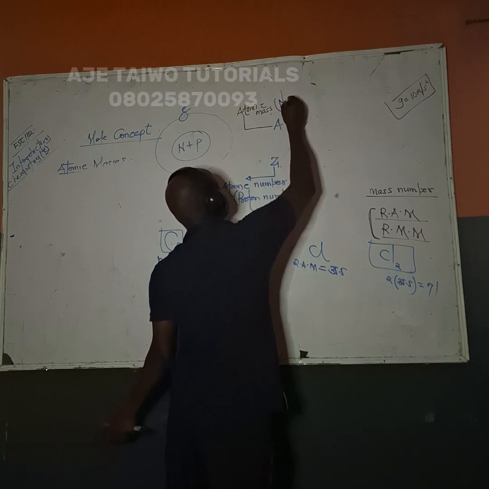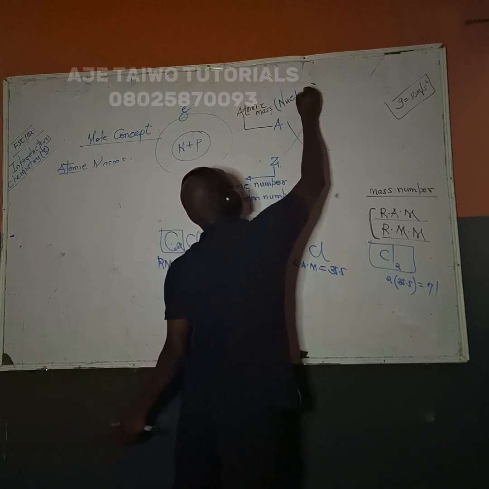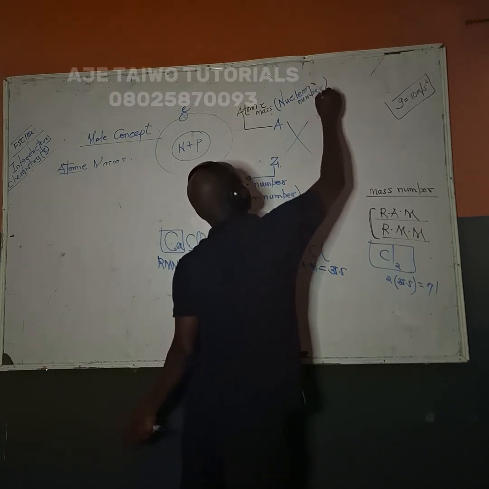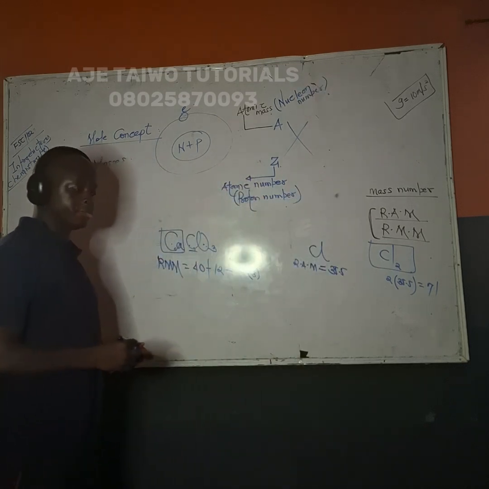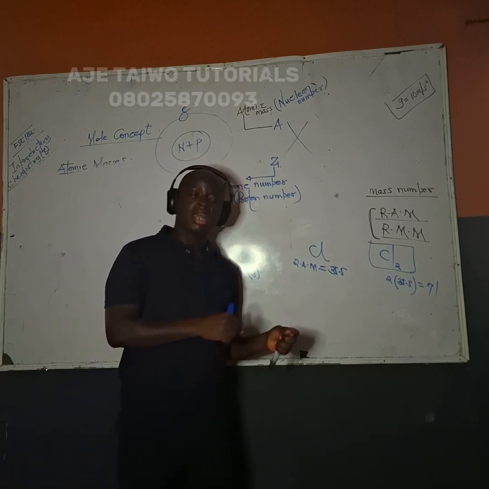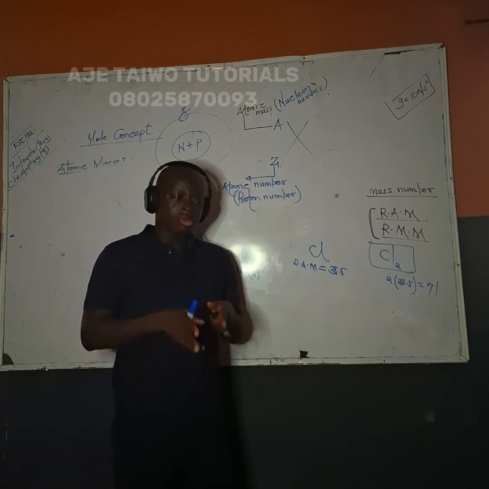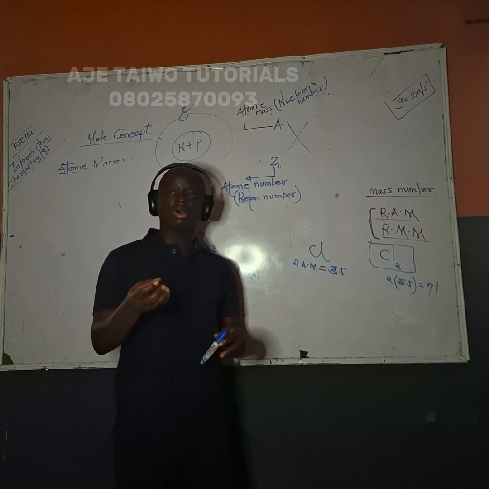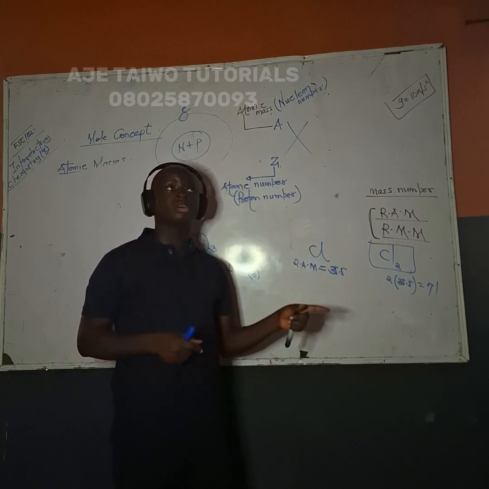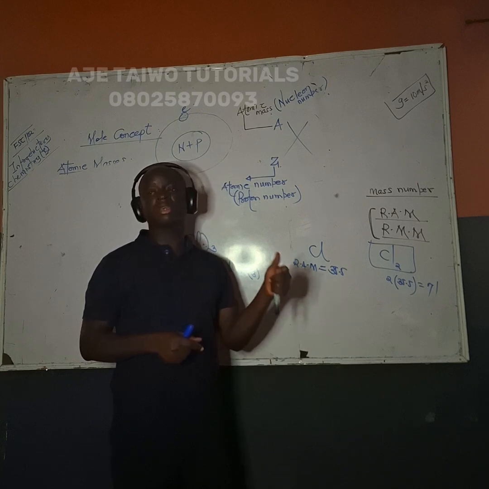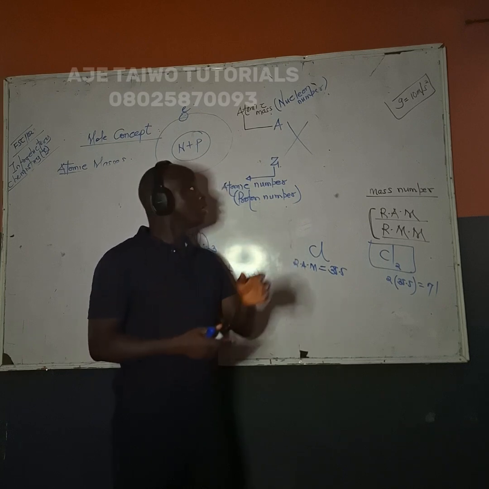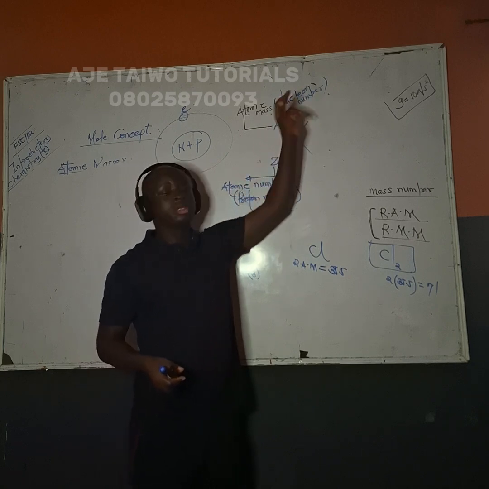It's called nucleon number. The number of protons plus the number of neutrons in the nucleus of the atom is called nucleon number.